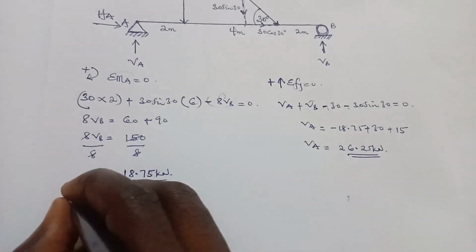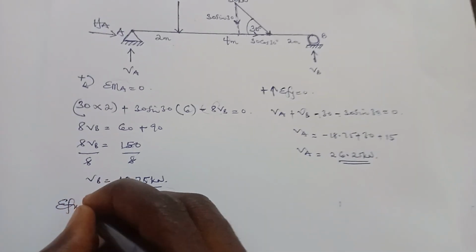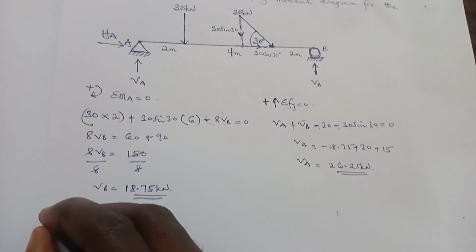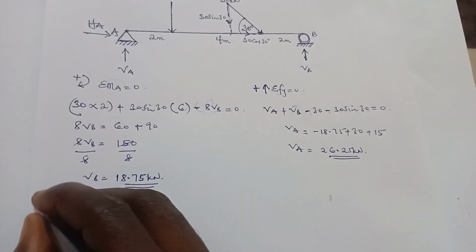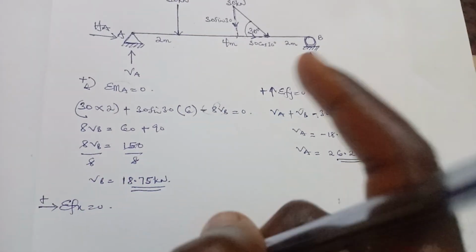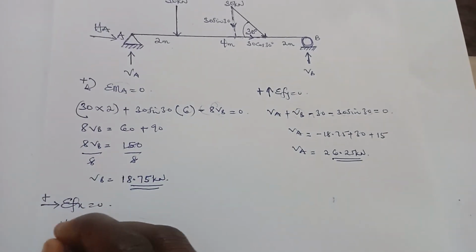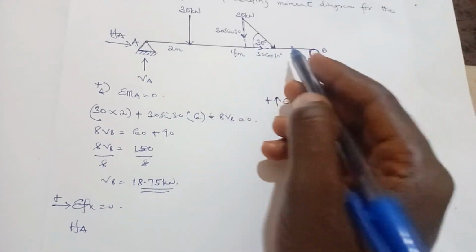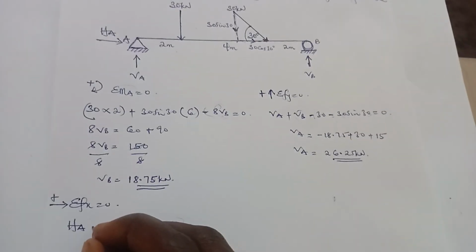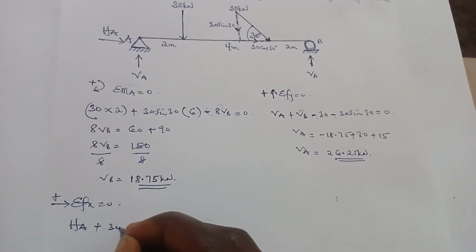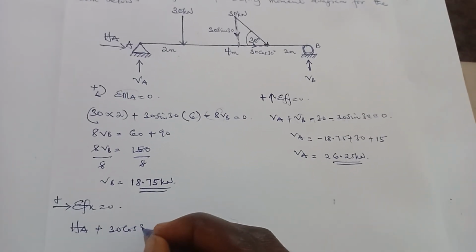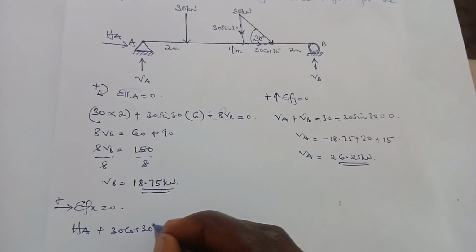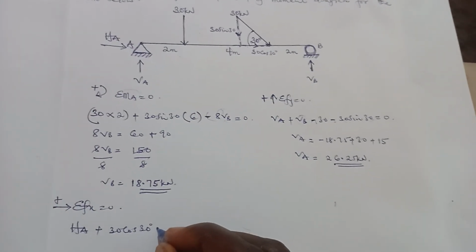Then we find the horizontal reaction. Forces moving to the right are positive. HA is positive. Then the horizontal component is also moving to the right, so it's going to be plus 30 cos 30 degrees is equal to 0.